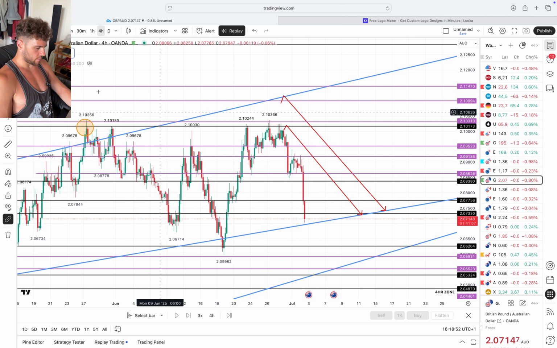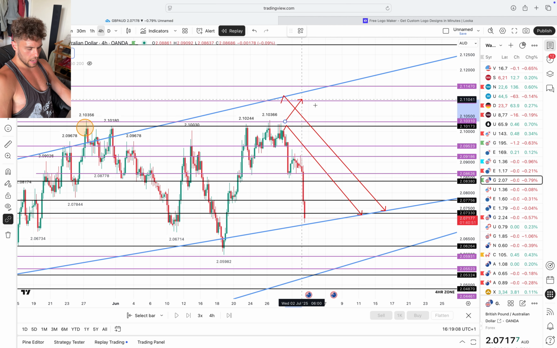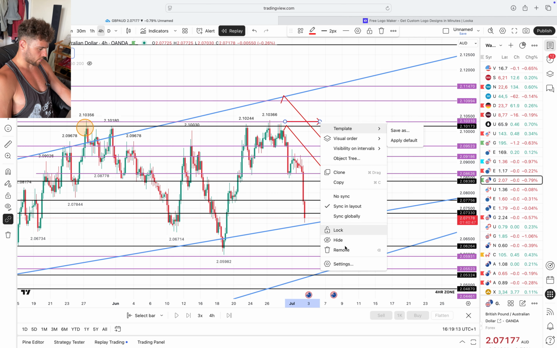I would have been looking for price to come up, hit this trend line, get a nice reversal candle, as you can see on the wick there, to potentially show bearish momentum, and probably a break back below the 210.994 level, because obviously I've drawn that for a reason.